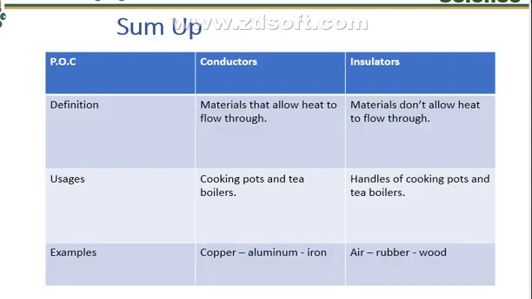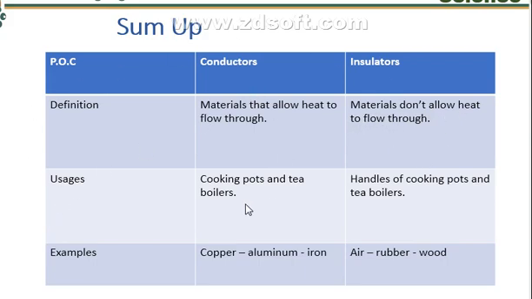So this was the end of our lesson today. Let's summarize the comparison between conductors and insulators. Definition: conductors are materials that allow heat to flow through. Insulators are materials that do not allow heat to flow through.